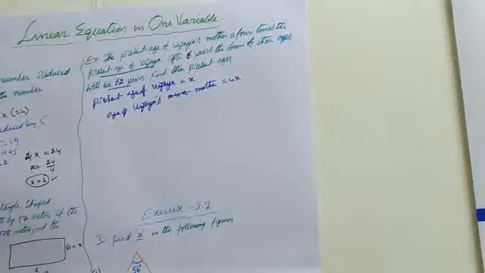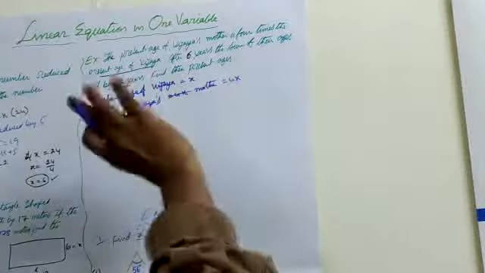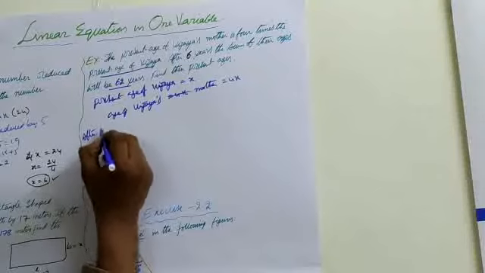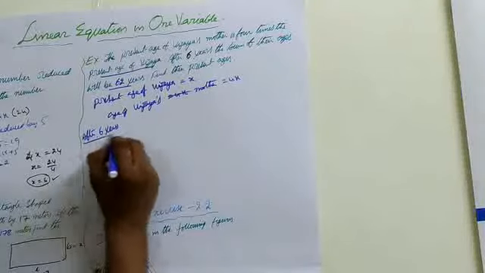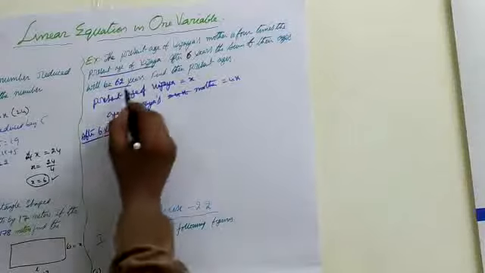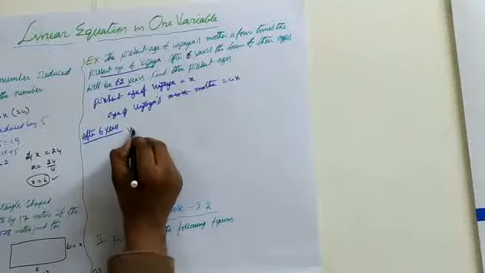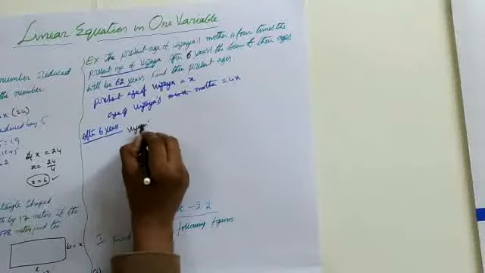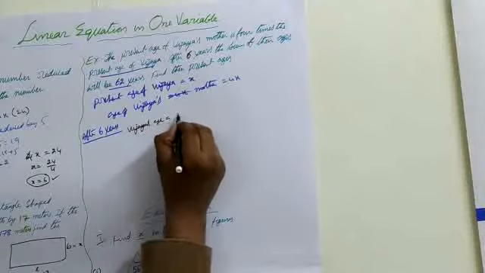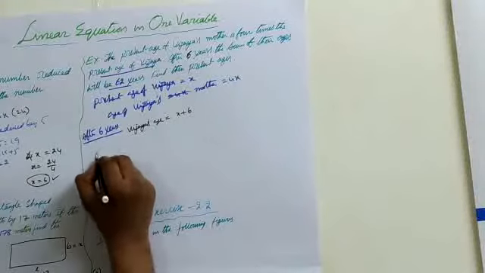After 6 years, the sum of their ages. The present age of Vijaya is x, so after 6 years Vijaya's age is x plus 6.